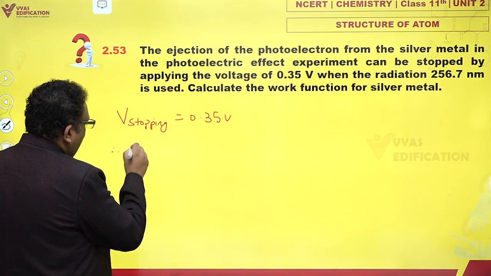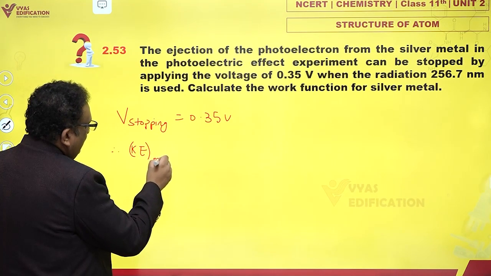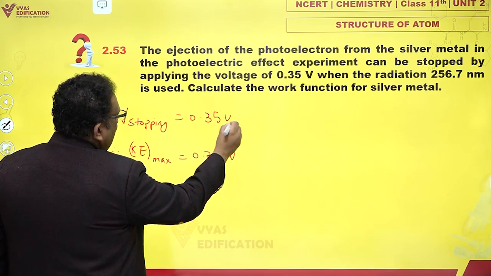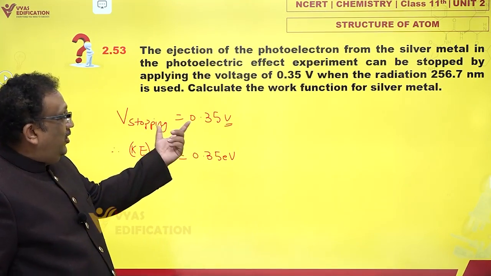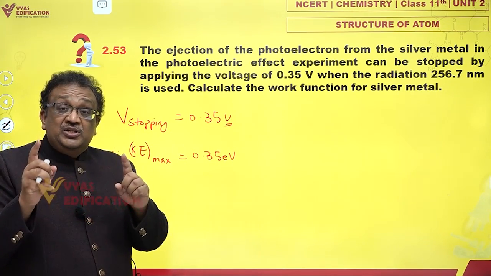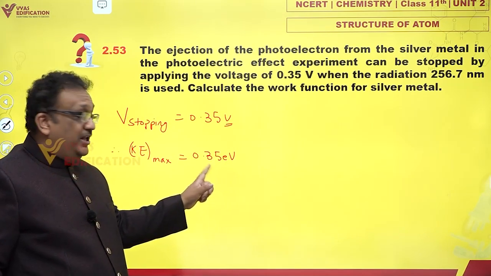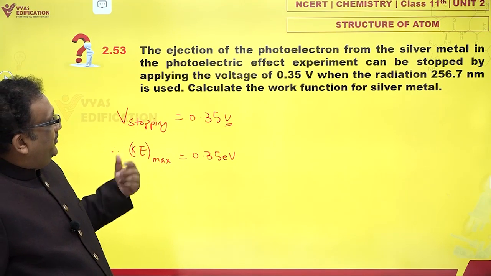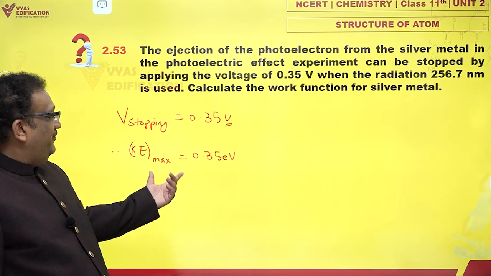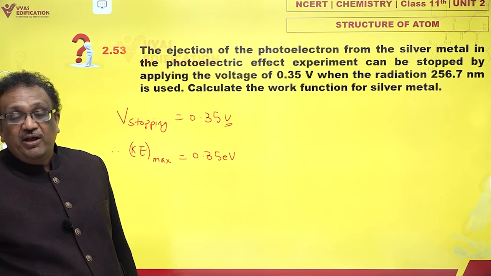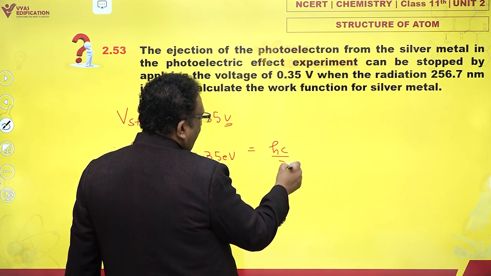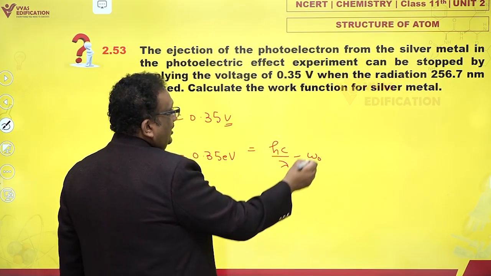So therefore, KE max of photoelectrons is 0.35 electron volts. Whatever is the voltage of stopping potential, same is the electron volts energy of ejected photoelectrons, the maximum kinetic energy, right? And we know that by Einstein's photoelectric equation, KE max is hc by lambda minus work function.